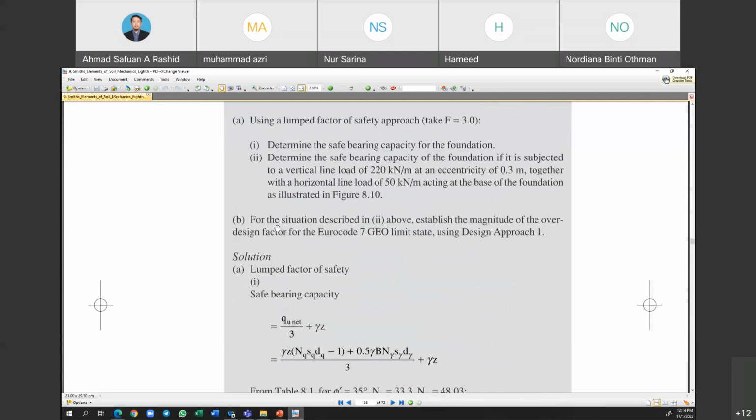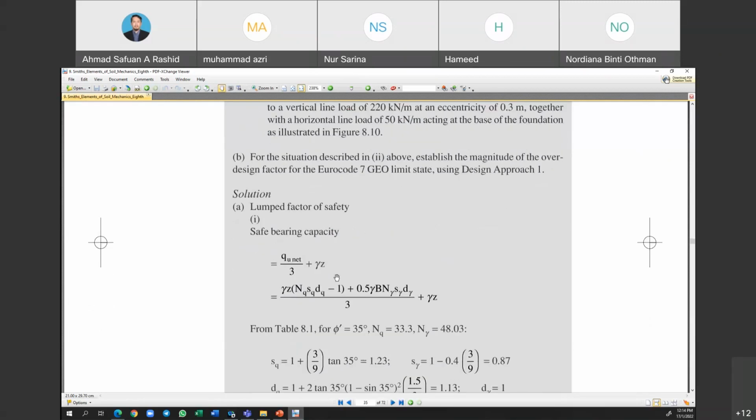For situation number 2 above, establish the magnitude of the over design factor for Eurocode limit state using design approach 1. So this is the procedure for the lump factor of safety.